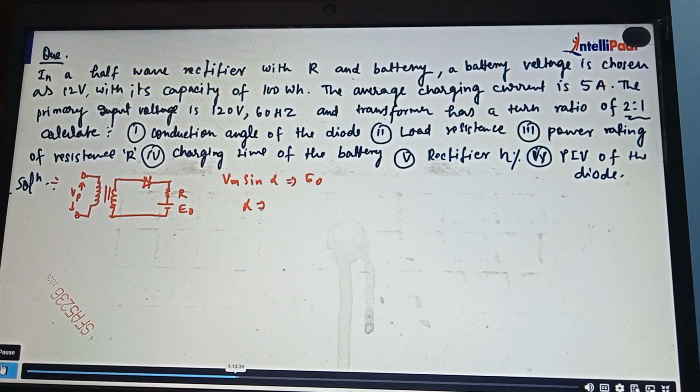So alpha will become sine inverse of E naught by Vm. Right? Now can you calculate? What is the value of E naught, by the way? 12. Battery voltage is already given in the question. So E naught is 12.